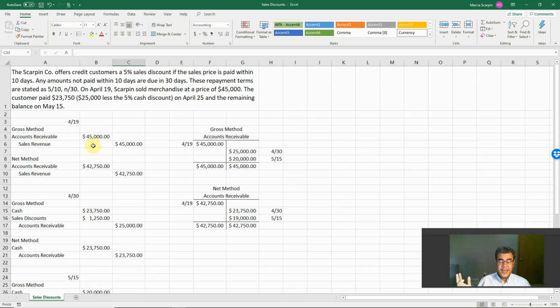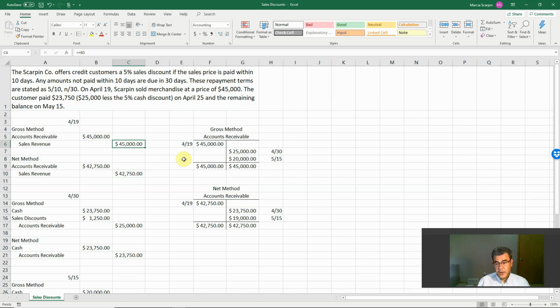So we have a lot of different names here. However, our tax is based on our sales revenue. And my friend, the state, will not want to receive less money. So we need to use the gross method for tax.